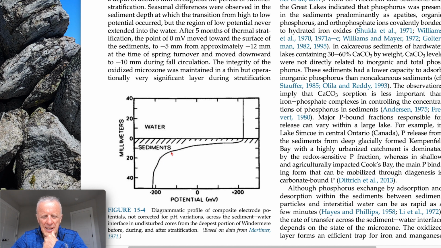We're starting to get oxic conditions here, and there's a temporal factor that is not mapped. Then as you get really close to that interface between water and sediment, the potential reaches 200 and stabilizes at that value in the water.